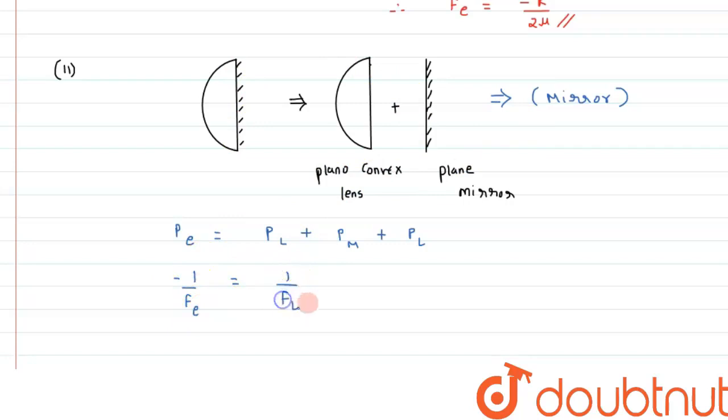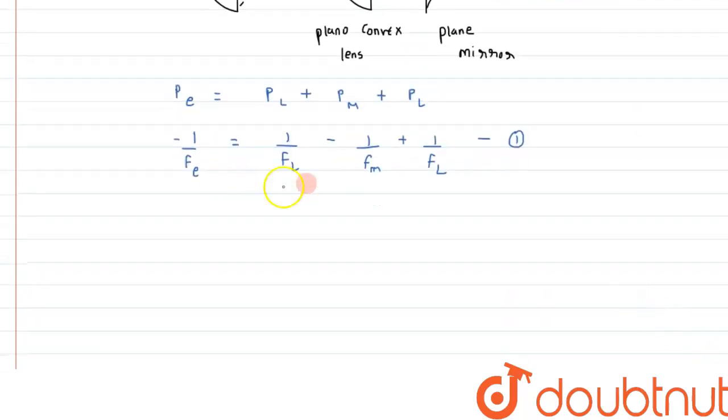So this can be written as 1 over Fl plus, here it becomes negative because power is minus 1 by F mirror, and finally plus 1 over Fl. Let's say this is our equation number 1 for this case.